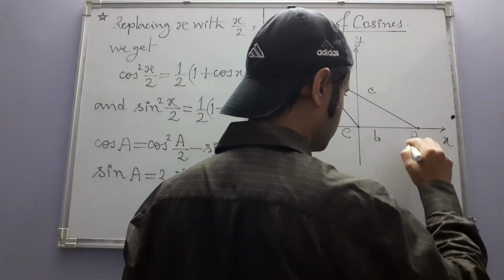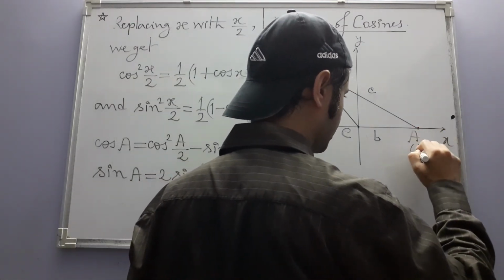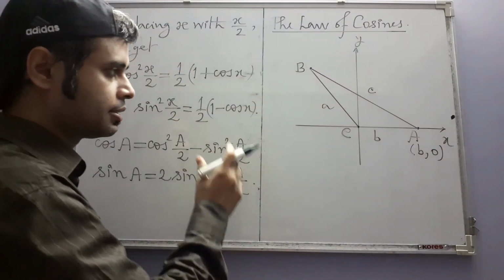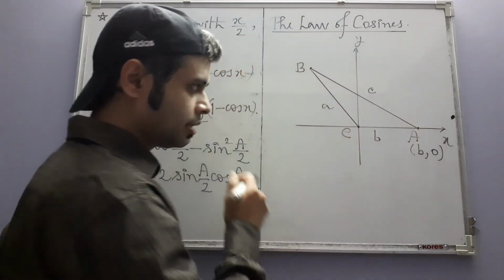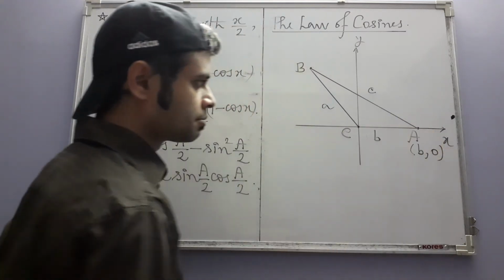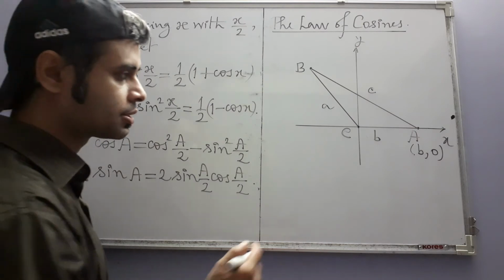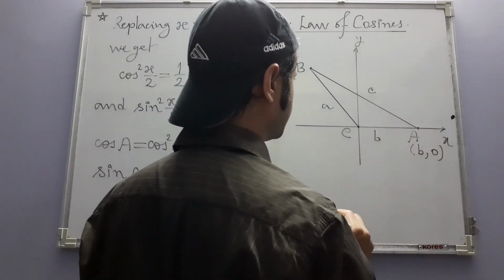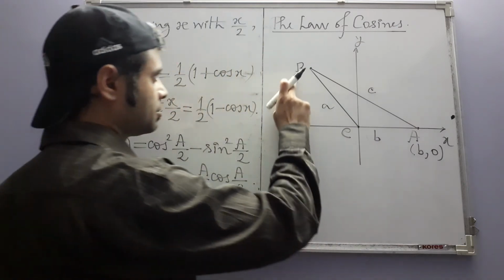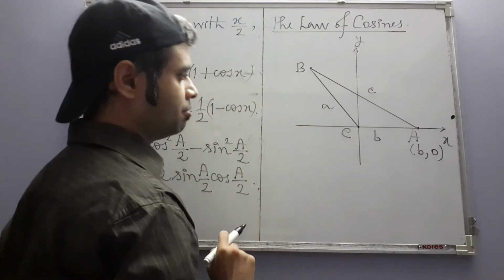So the coordinates of the point A will be B comma 0, because the way we have taken this triangle, this B actually is the length, and that's why this is also the x coordinate of this point. Y coordinate of course is 0 because the point is lying on the x axis. And then because of these things, the coordinates of B will be what?